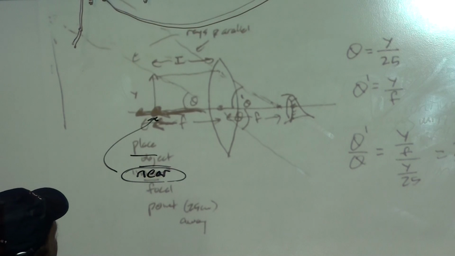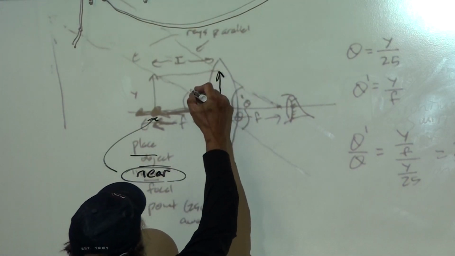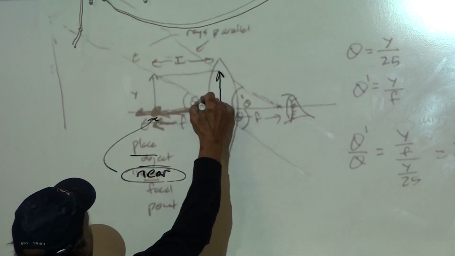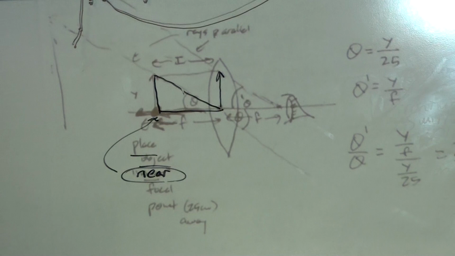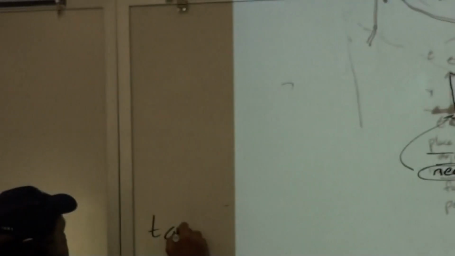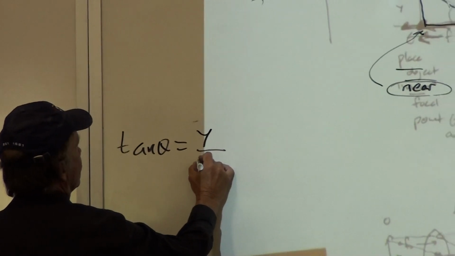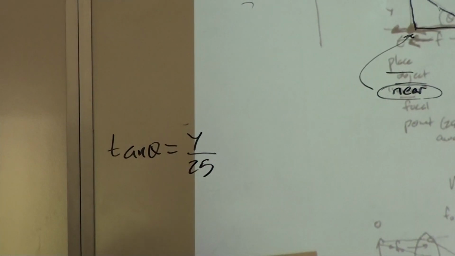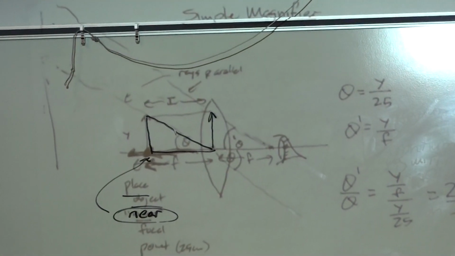Okay, and so if you think of this as also being your height here, then in the first case we're looking at this triangle, and we can say the tangent of theta is equal to y over 25. Right? And so that's approximately equal to theta.